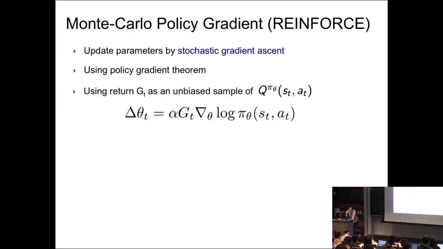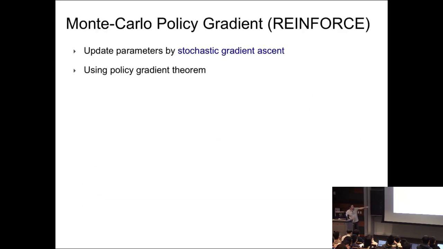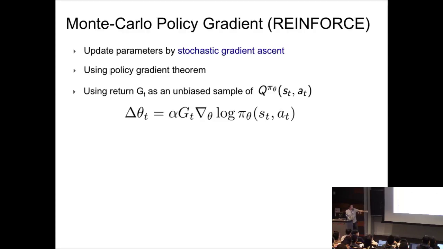Right? Now, I can also do the following. Instead of computing this expectation, I can use my return as an unbiased sample of Q. I can use a Monte Carlo strategy to get a sample from Q and just do this update.